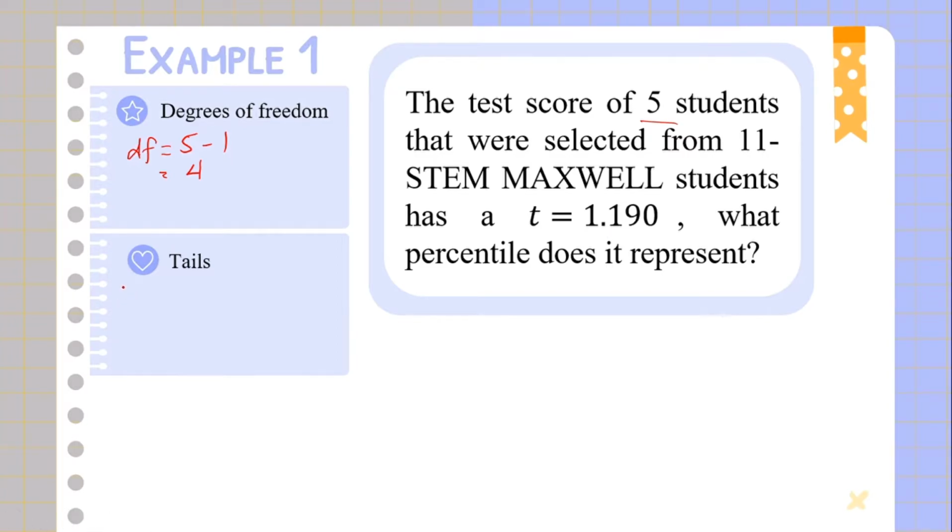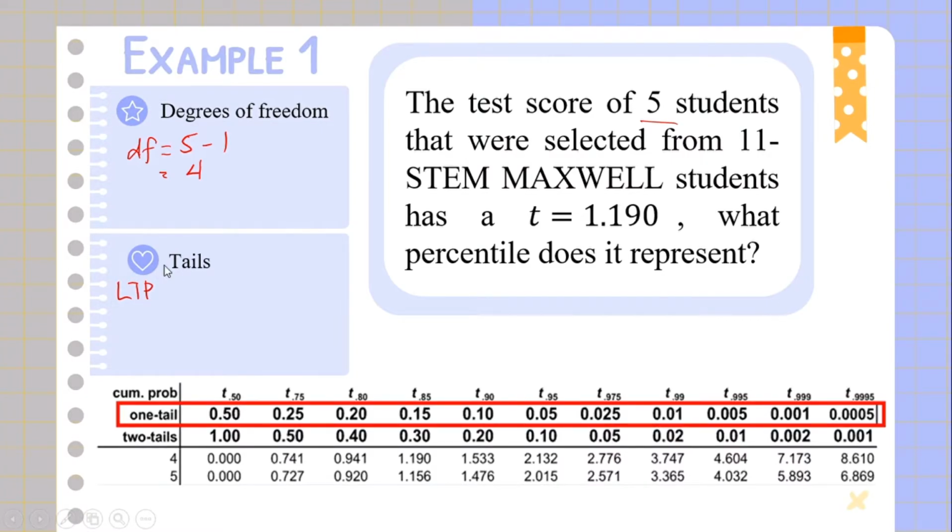Hanapin natin ang lower tail probability. Yung degrees of freedom natin na 4 is nandito. So, let's box yung 4, yung row kung saan yung degrees of freedom na 4. And then, hanapin natin yung t-value na 1.190 doon sa row ng degrees of freedom na 4. So, nandito yung 1.190 and then, i-box ulit natin. And then, titignan natin dito yung cumulative probability.